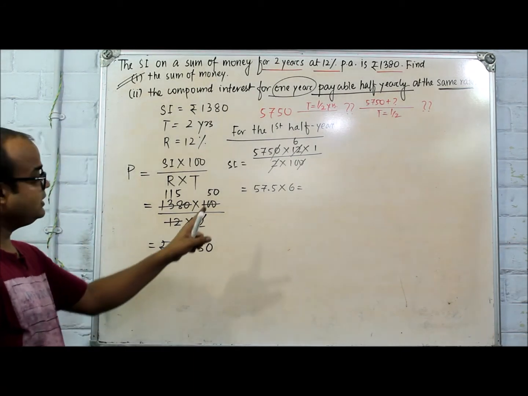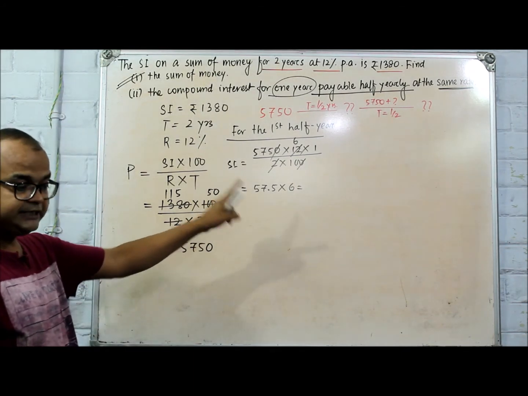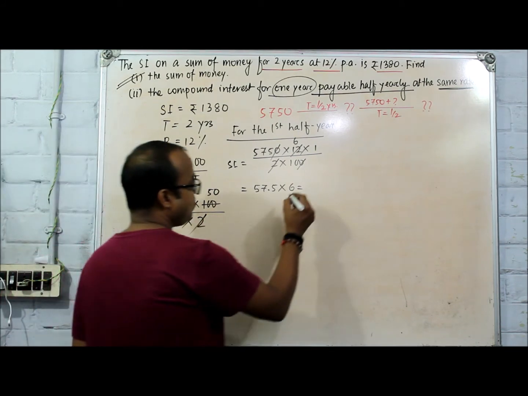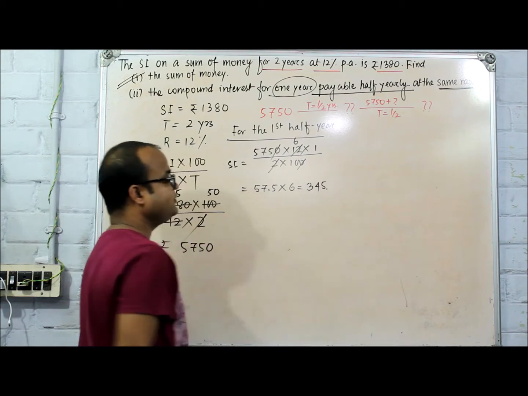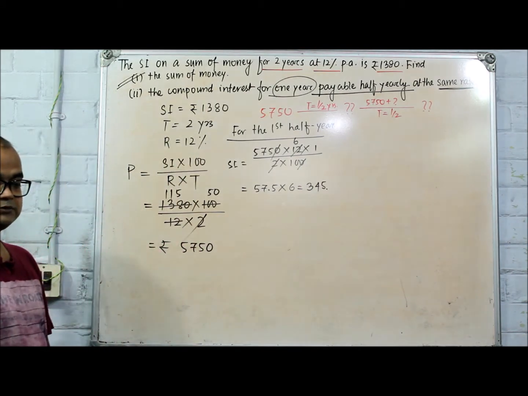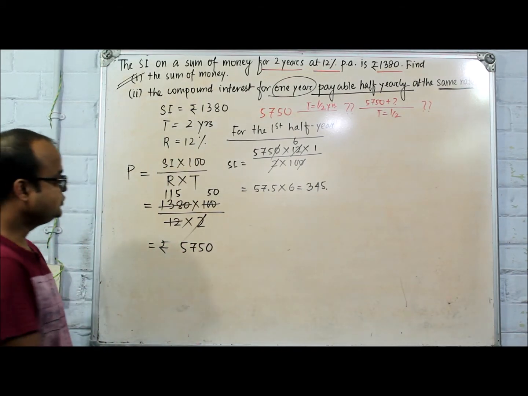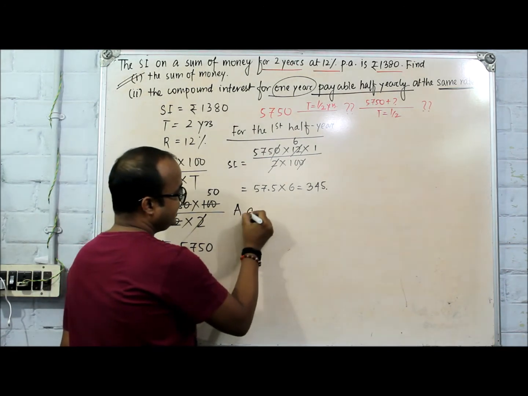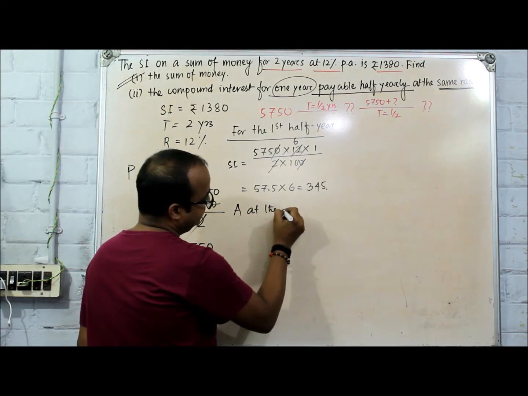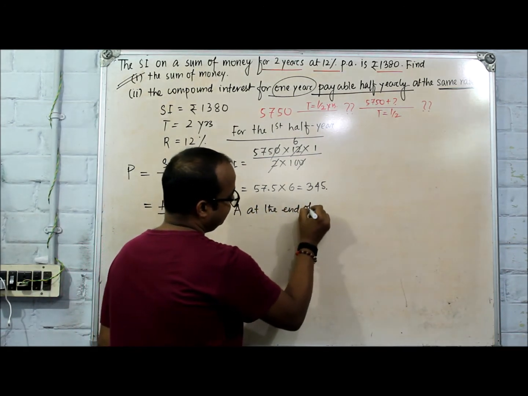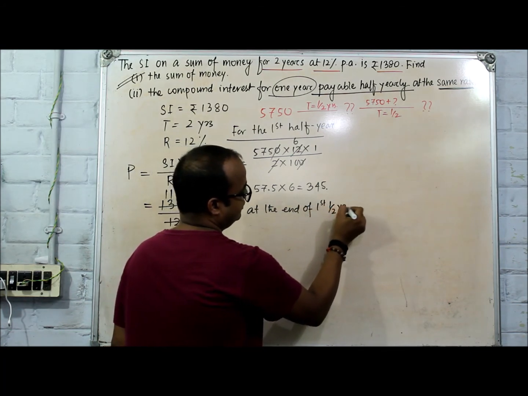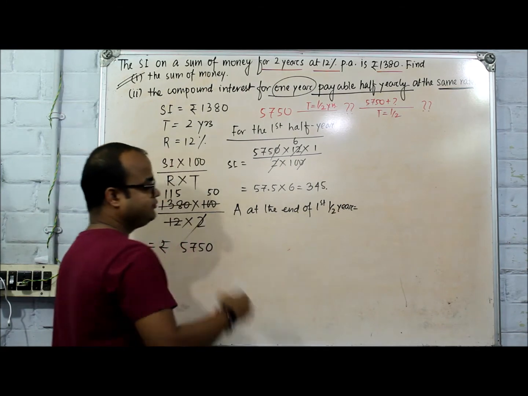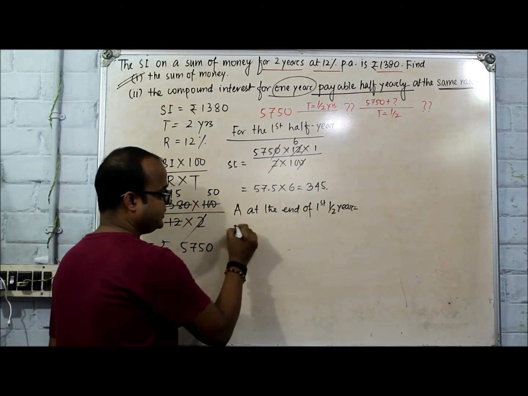So 57.5 into 6 is equal to 345. So the amount at the end of the first 1 by 2 year will become the principal for the next half year.